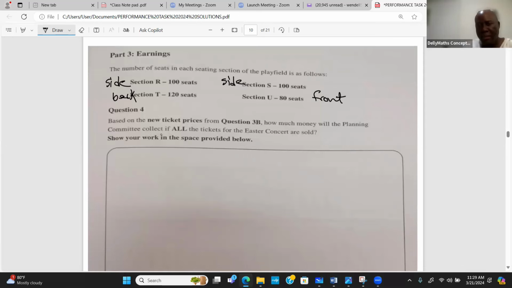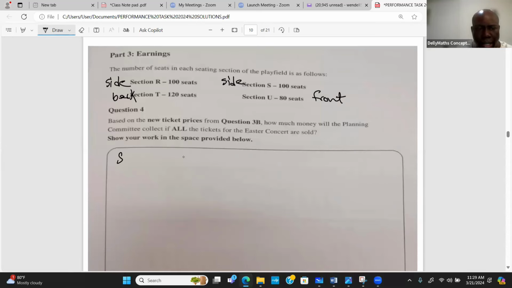So we're seeing that right there, 80 seats at the front. Now let's take a look at what's going on. Question 4 says, based on the new ticket price, from question B, which is what we just worked out, how much money will the planning committee collect if all the tickets are sold? So that means all of these will be occupied. So let's just take our time to work it out.